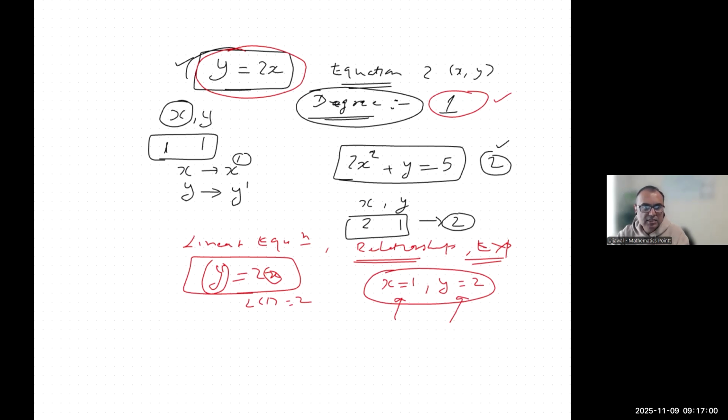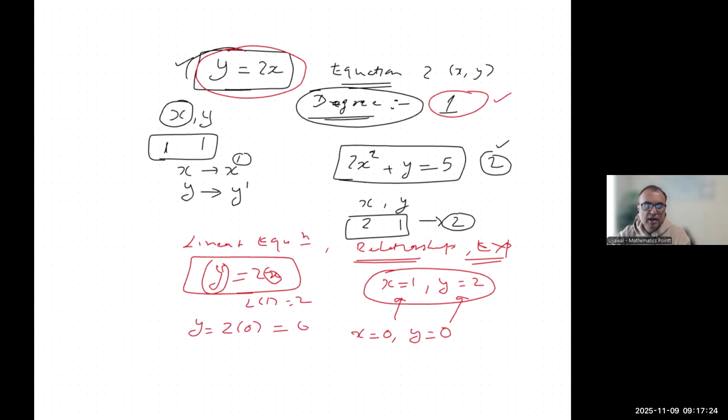Now if I say x is 0, y is, if x is 0, y is 0 simply because y equals 2x. So I'm swapping x with 0. 2 times 0 makes it a 0.